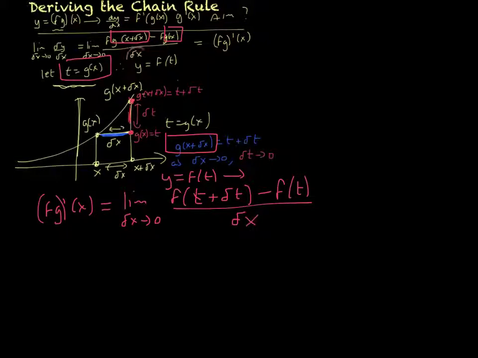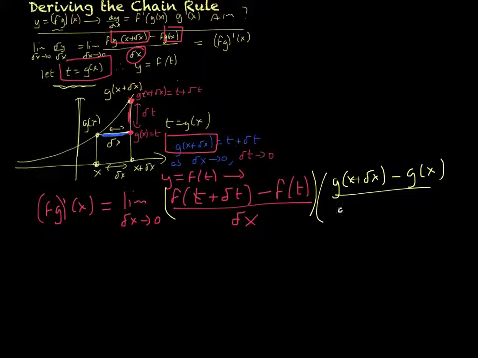So this thing hasn't changed. Now we're going to do one more bit of manipulation, because notice this is with respect to t, this is all with respect to x, but we can do a little trick here. We could times top and bottom by g of x plus delta x, subtract g of x, over g of x plus delta x, subtract g of x.